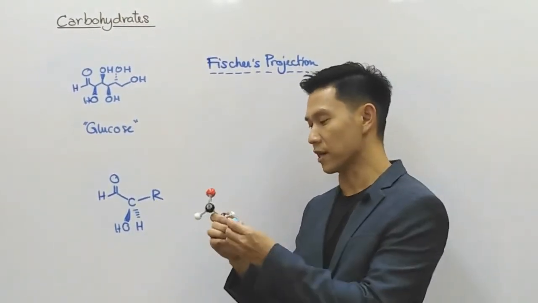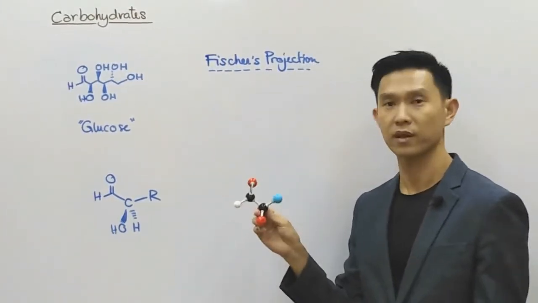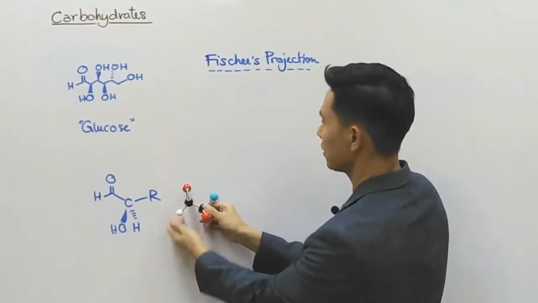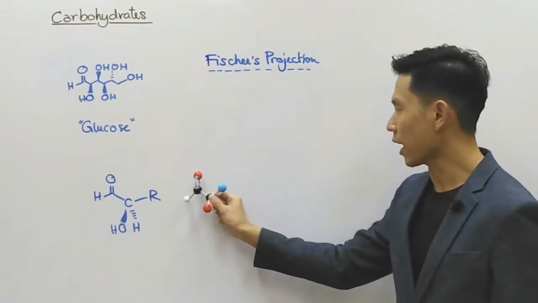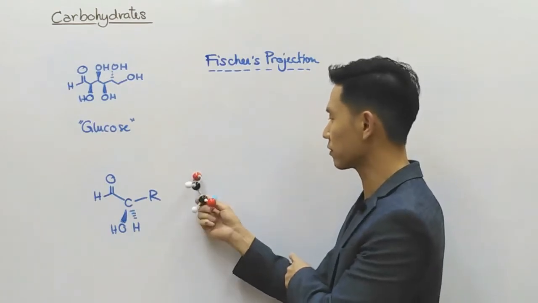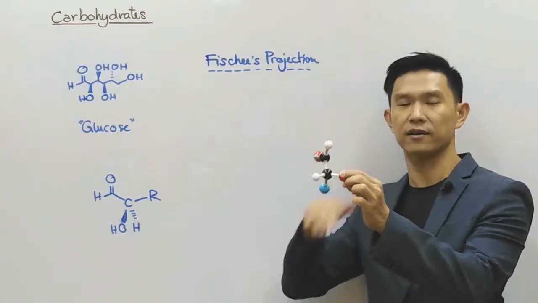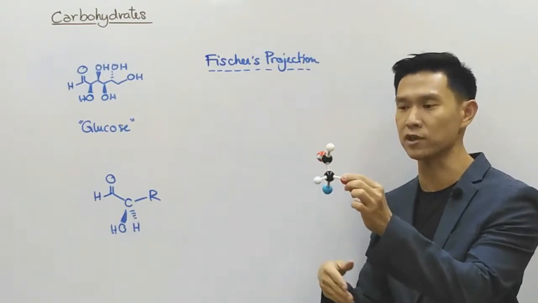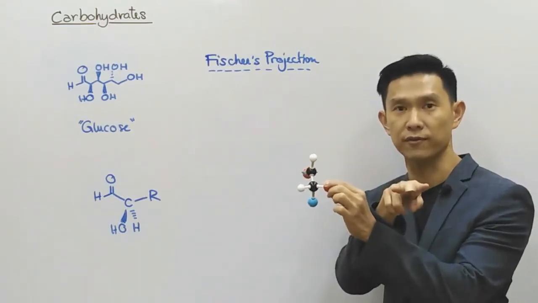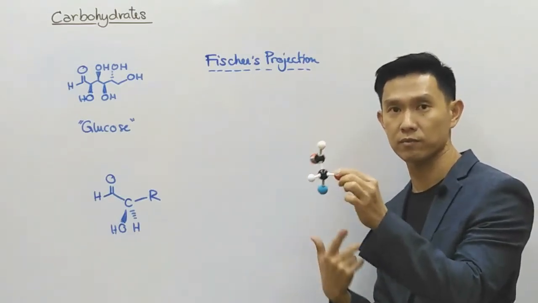So I will symbolize the R group with the blue dot here. Okay, so it is like this. Now from the picture here, I will just turn the molecule a bit in this direction. From this direction, as you can see, it's like a kind of cross. The horizontal line of the cross points towards yourself, and the vertical line of the cross points away from you, right?